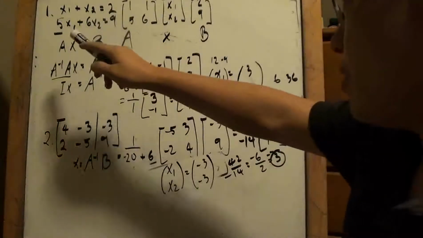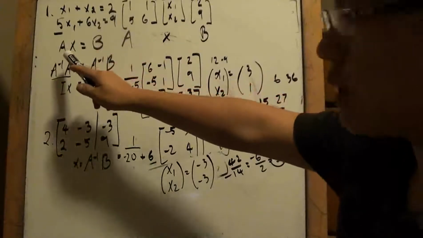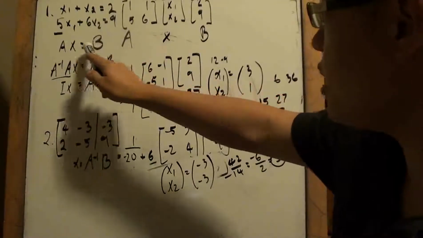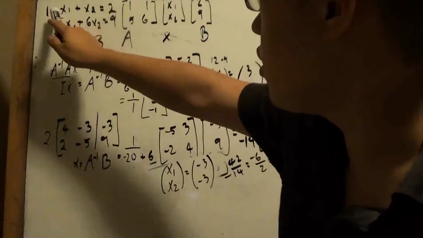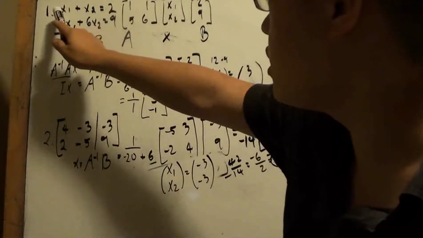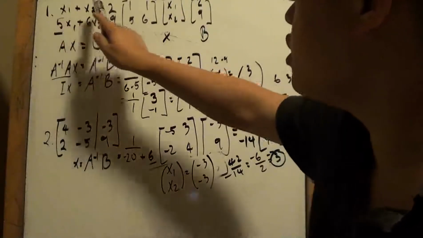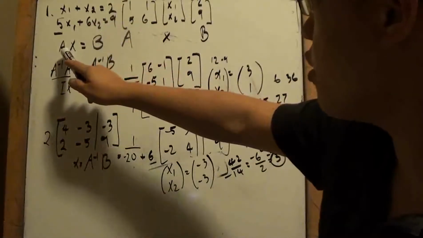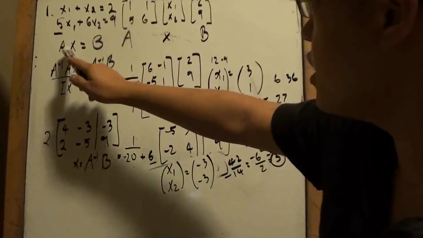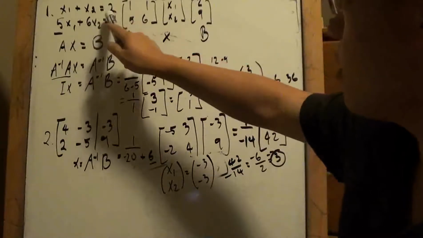So the theory goes something like this. We have Ax equals B, where A is the coefficient matrix. Here, if we just did a regular matrix on this, it would be 1, 1, 2, and 5, 6, 9, right? A will be all the coefficients in front of the unknowns only, so we're not talking about the constants after the equal sign.